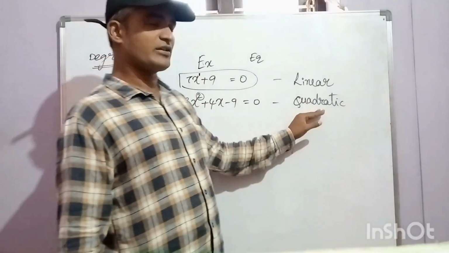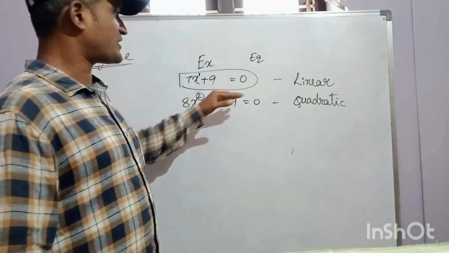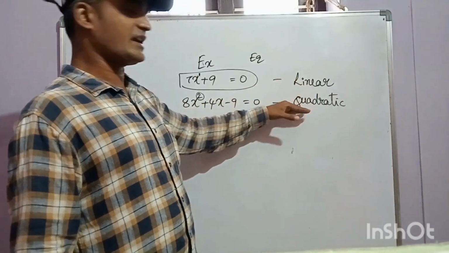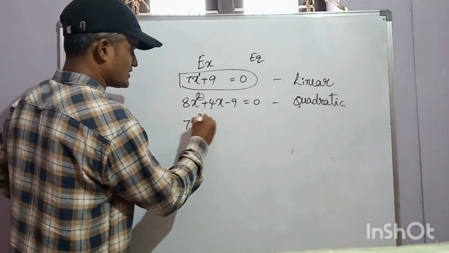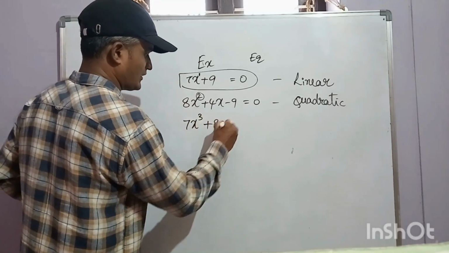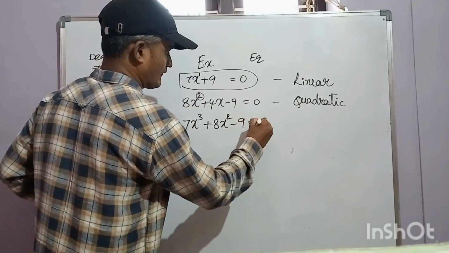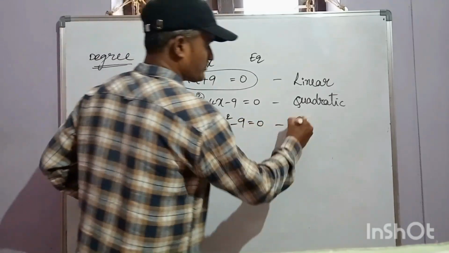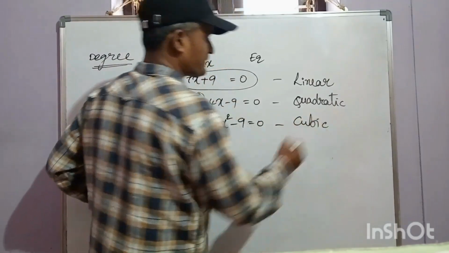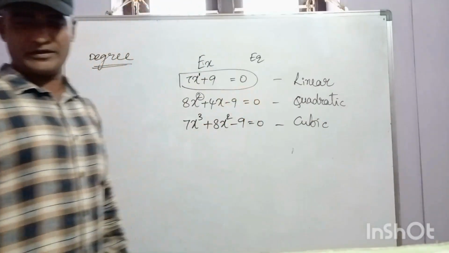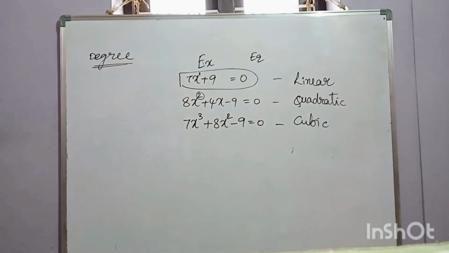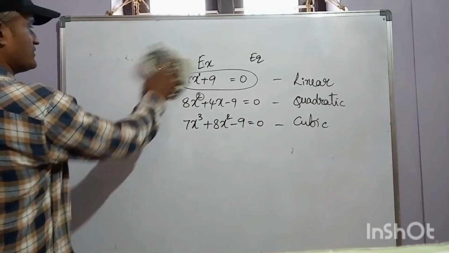Depending on this degree, we differentiate them as linear, quadratic. If the power is 3, that is called a cubic polynomial. This is the cubic polynomial. So especially we are now learning linear polynomials in one variable and two variables.